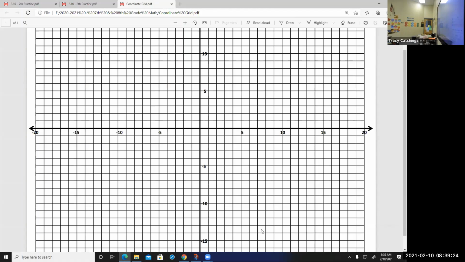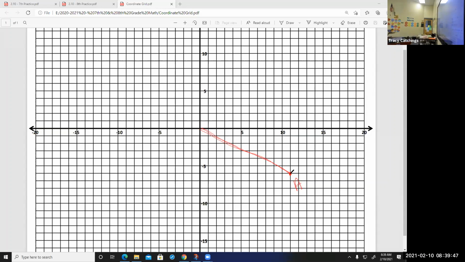All right, so we'll look at A first. A was at 11, negative 6. I'm gonna graph it. 11, negative 6. We're trying to see how far it is from the origin. So that's my diagonal. It's a little crooked.